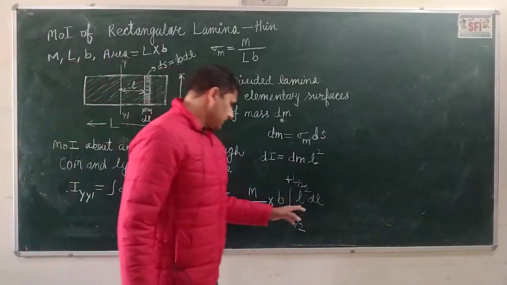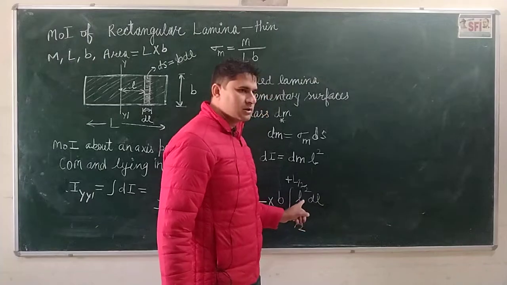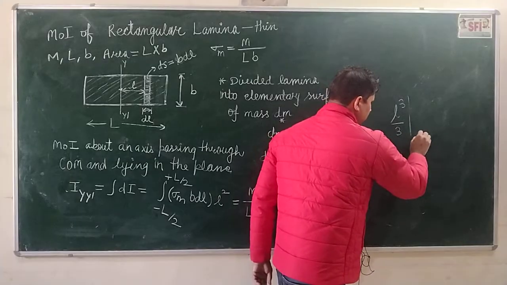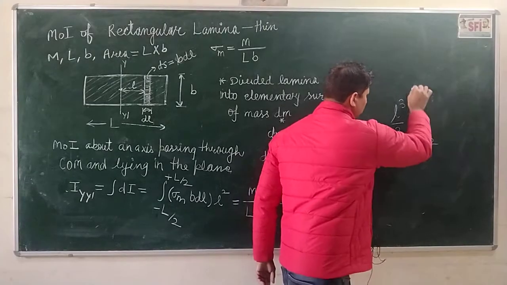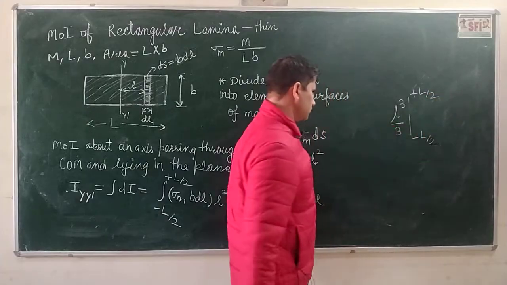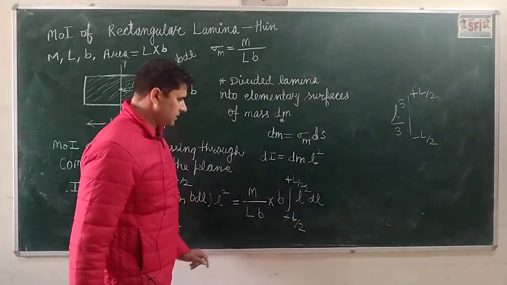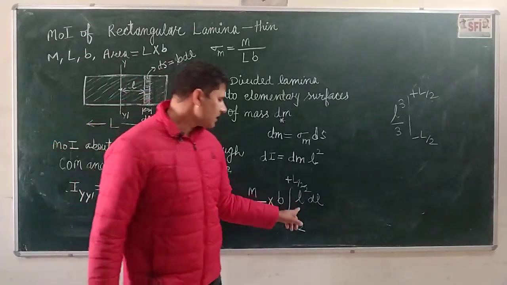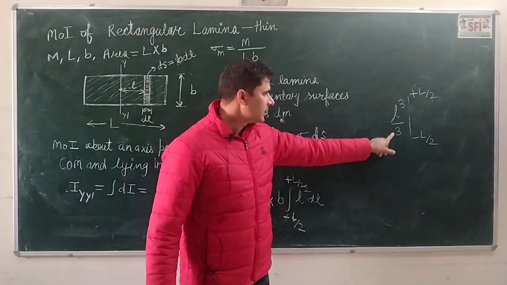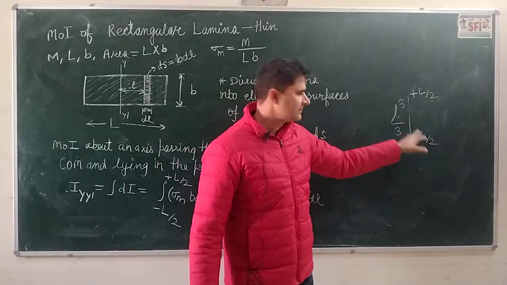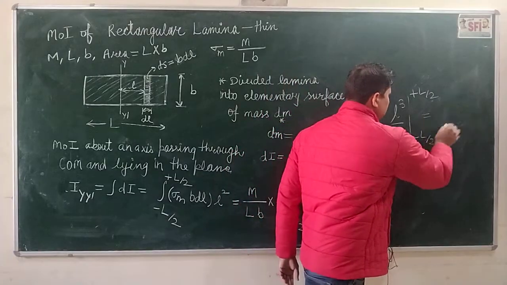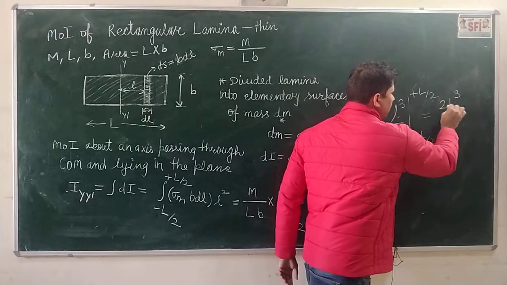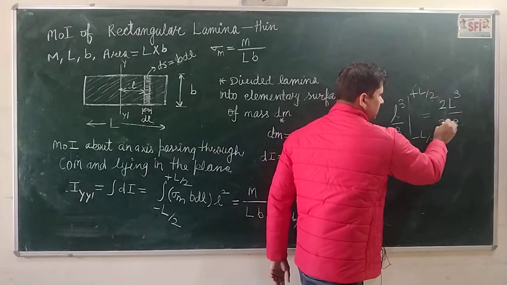Okay class. Now its integration will be l cube by 3, and the limits of integration are minus L by 2 to plus L by 2. After integration and substitution of the upper and lower limits, this will be L cube by 8 plus L cube by 8, and you have here 3.